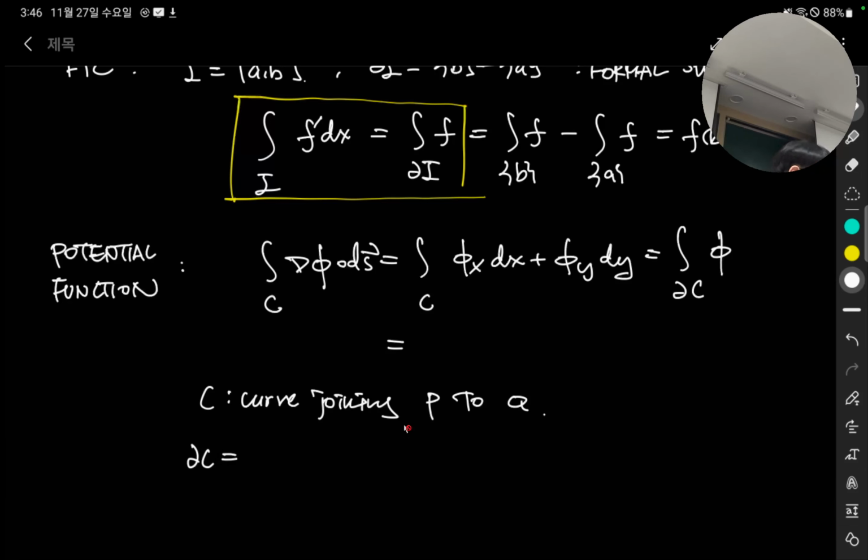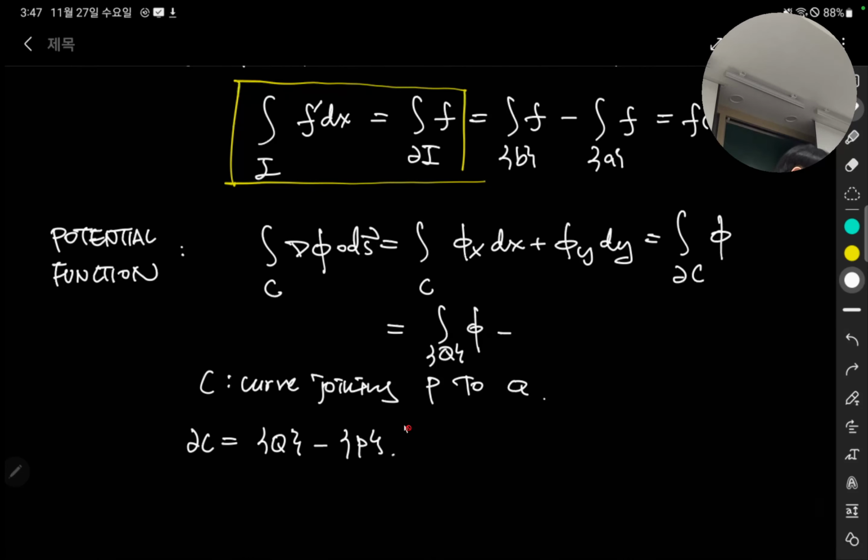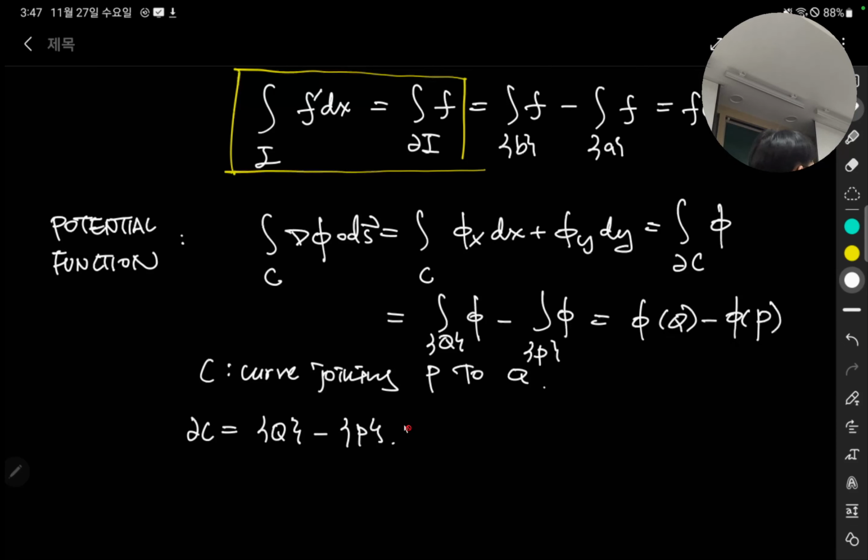So Q is the end, so I'm going to write this as set Q minus set P. Same way we describe the boundary of an interval. So this is the same as the integral of phi at the point Q minus integration of phi at the point P. So therefore it's phi Q minus phi P, which is the same as the integration of the potential function.